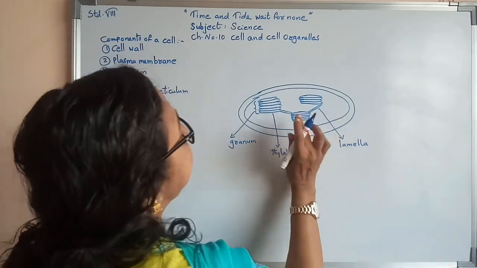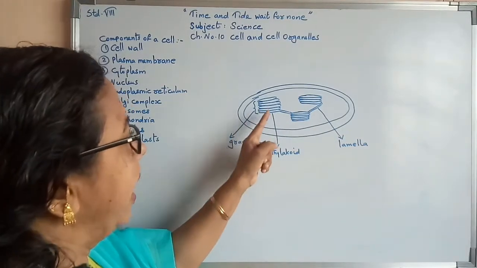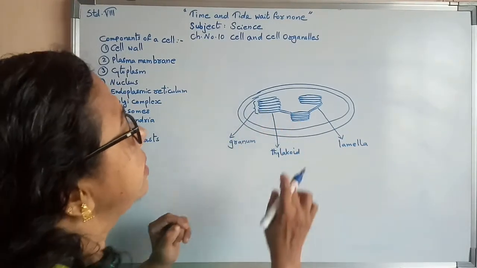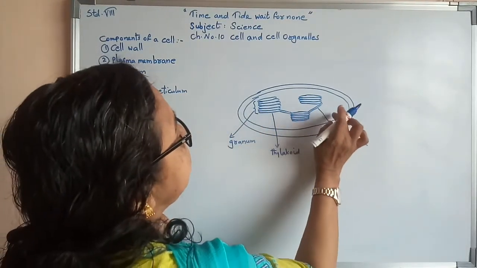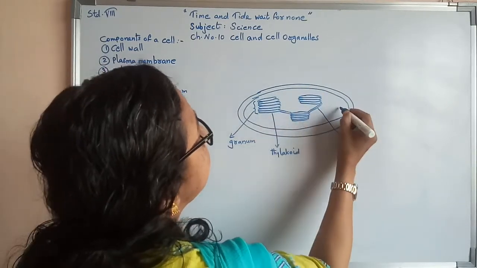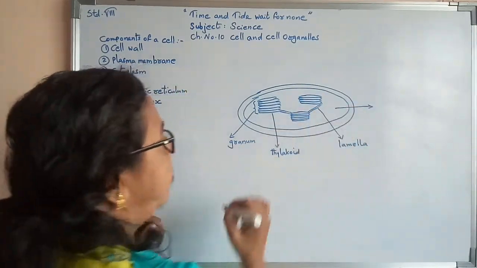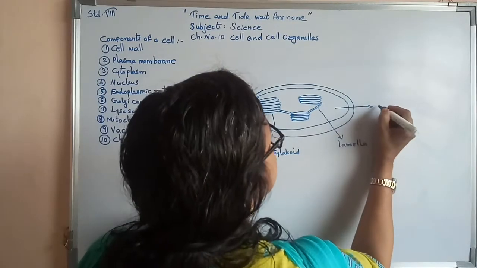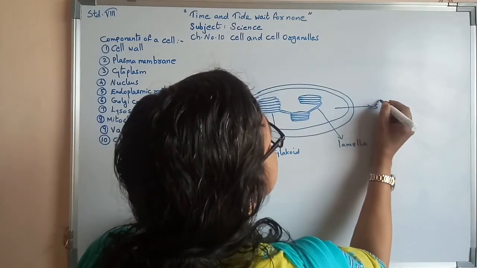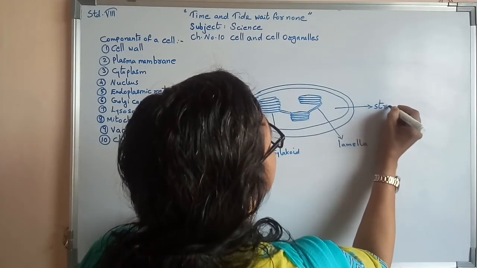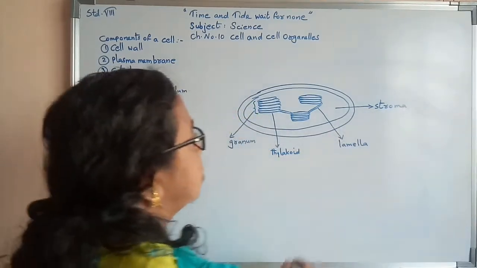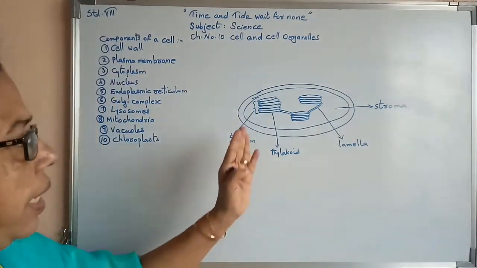The space between the granum and the inner membrane is the stroma.